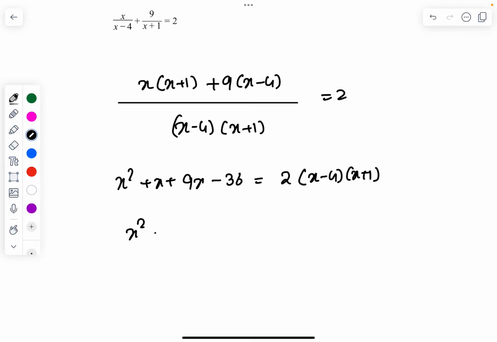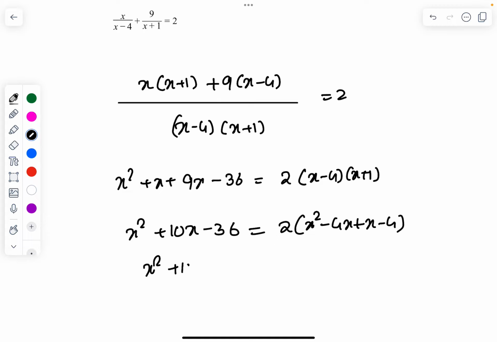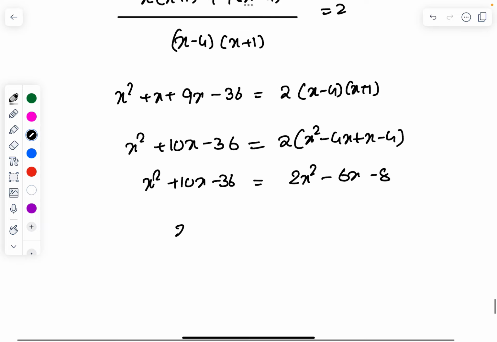So x squared plus 10x minus 36 equals 2x squared minus 6x minus 8. So it becomes x squared minus 16x plus 28 equals 0.